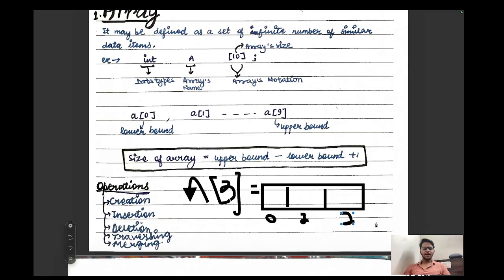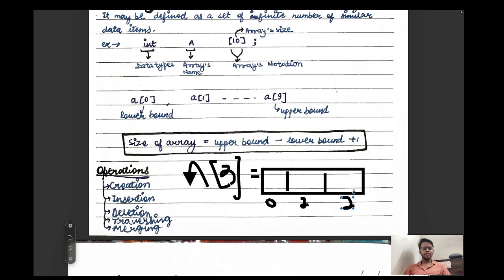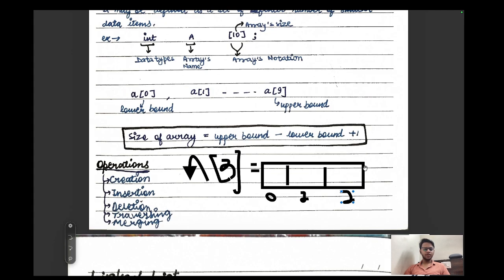You might be thinking that we have taken a memory of three and we are storing the elements only up to two. That's not the case. Actually, the elements which you are going to store are three only, but the indexing starts at zero. If you count these elements, zero is first, one is second, and two is the third, so you get three elements here.